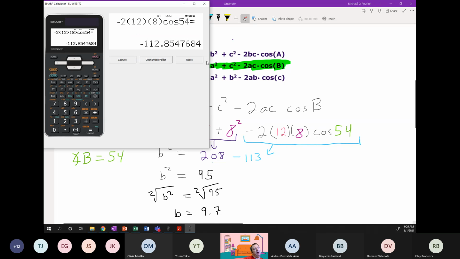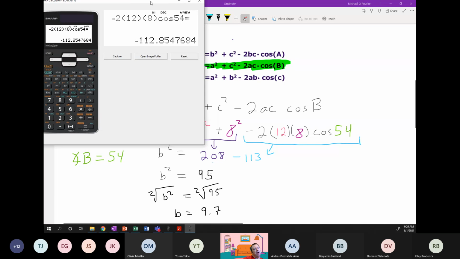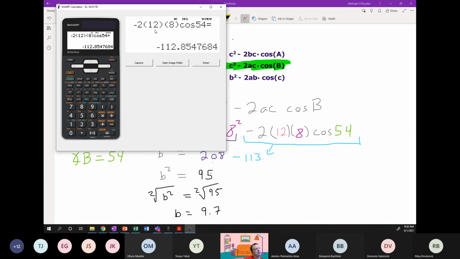Now, for the people who have a calculator like this, you can honestly do it all at once. So I could go 12 squared plus 8 squared minus 2 bracket 12, oops, I messed up, bracket 12, bracket 8, cos 54. That's going to give me 95, which I'm jumping this step and going right to here.